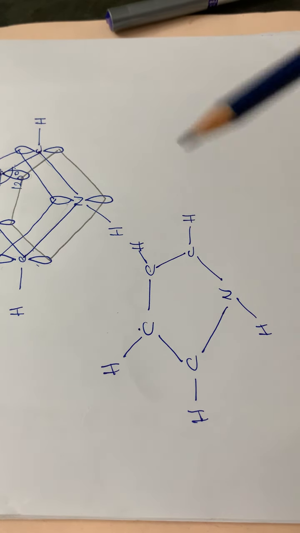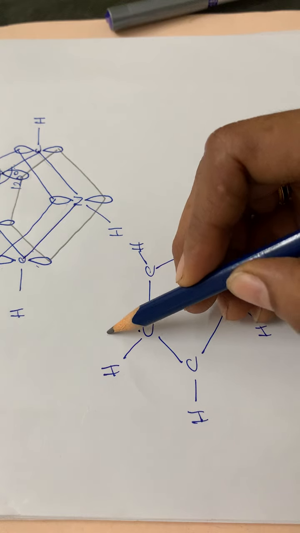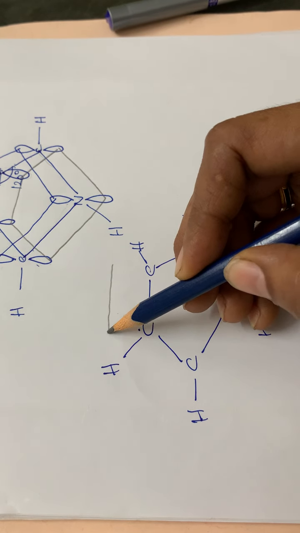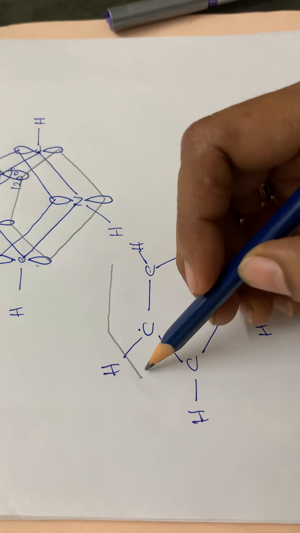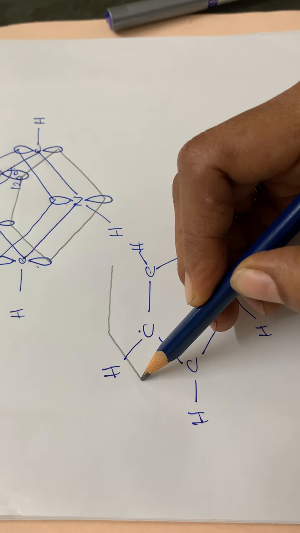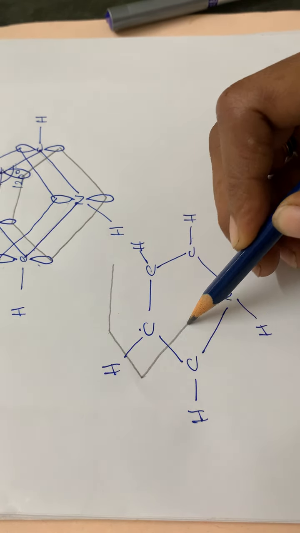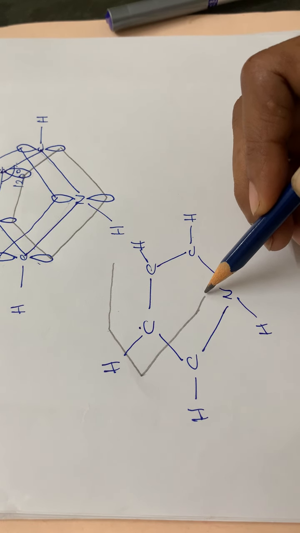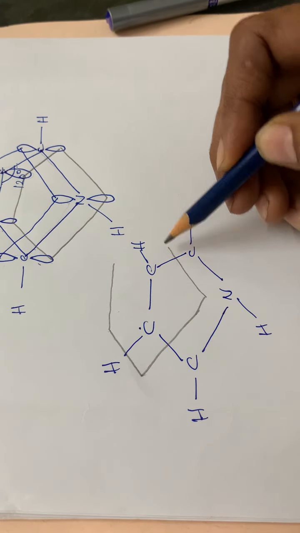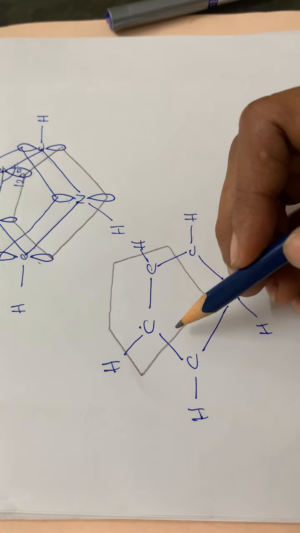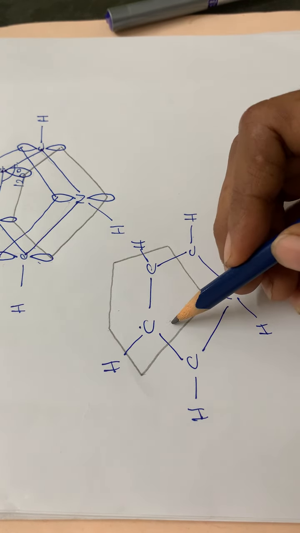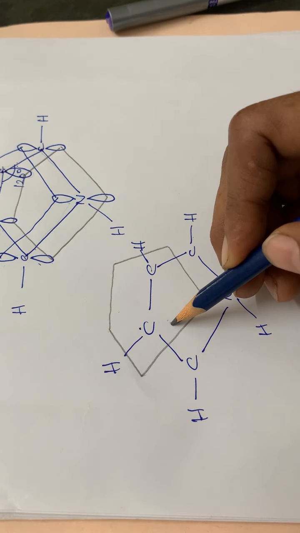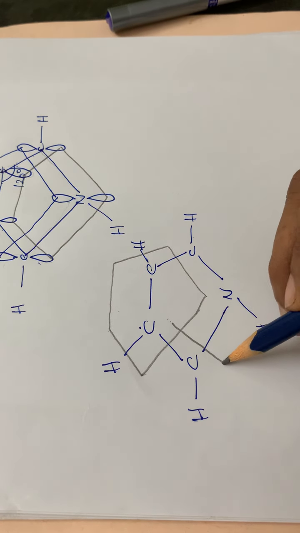I will be drawing using a pencil. Then another one below this plane. So this is above the plane. This pi electron cloud is above the plane of the ring, and another one is below the plane of the ring.